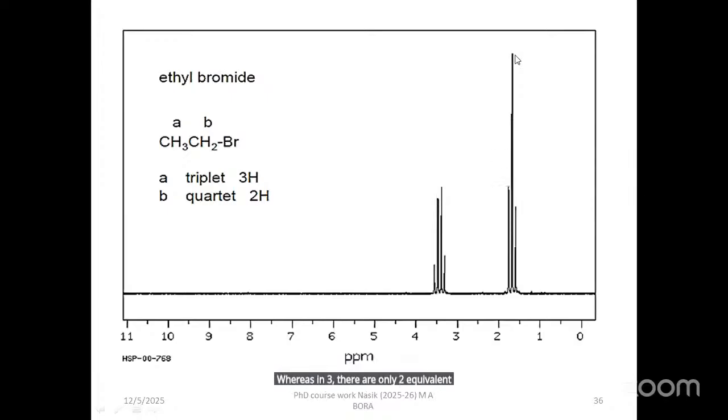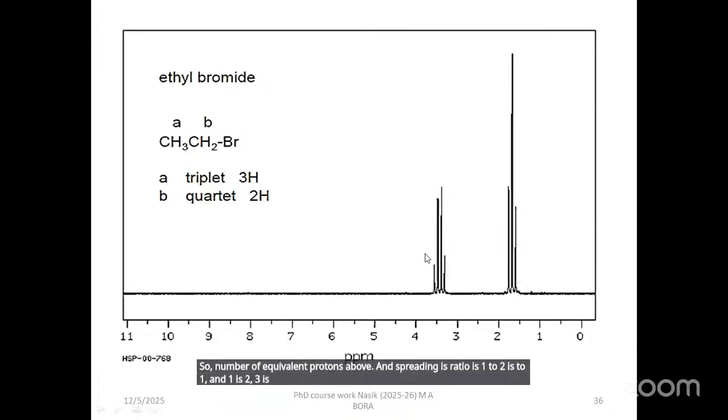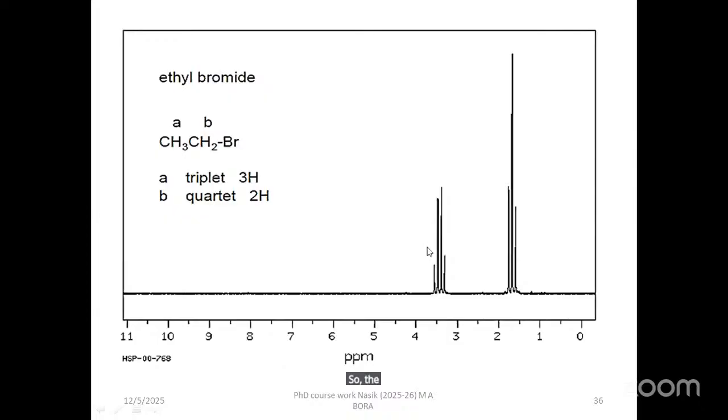So you can see the height of A is greater than B because the intensity is higher, as the number of equivalent protons is more. And the splitting ratio is 1:2:1 and 1:3:3:1, so the peak height is a little bit decreased over here as compared to this. Nothing to do with the intensities, okay?